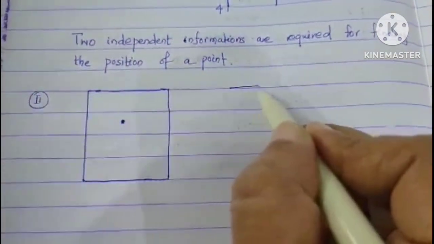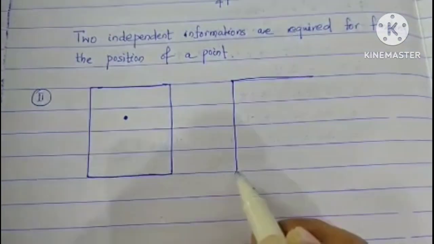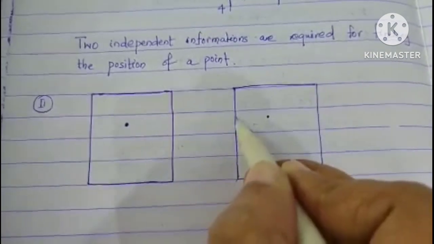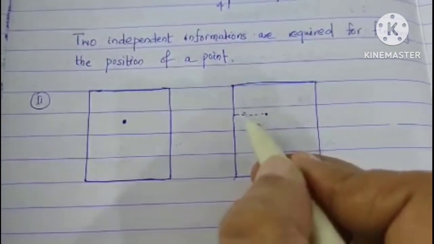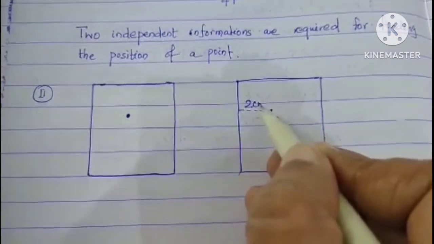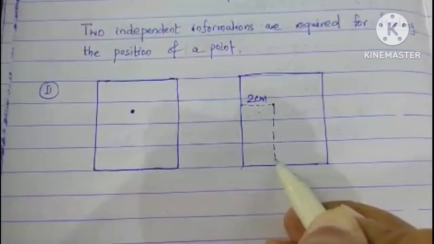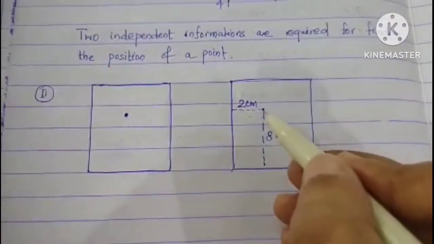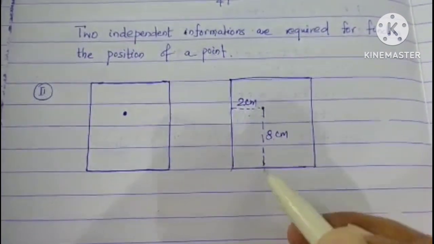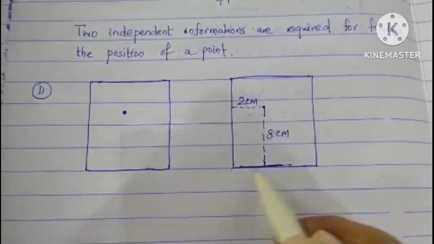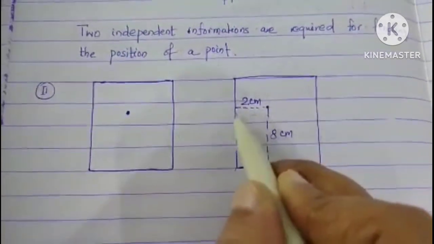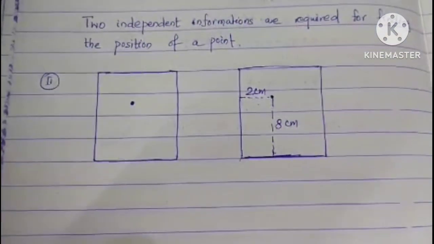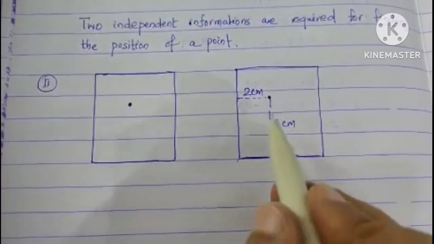Okay, now let us see another figure, like this. Now if you say that this is 2 centimeter, and this is 8 centimeter, and this dot is located 8 centimeter from the bottom part of the box, and from the left edge it is 2 centimeter, then it will be correct to say this is a valid position of a dot.